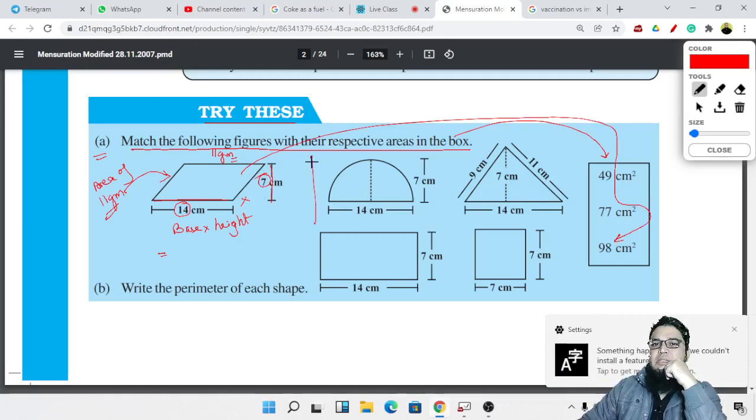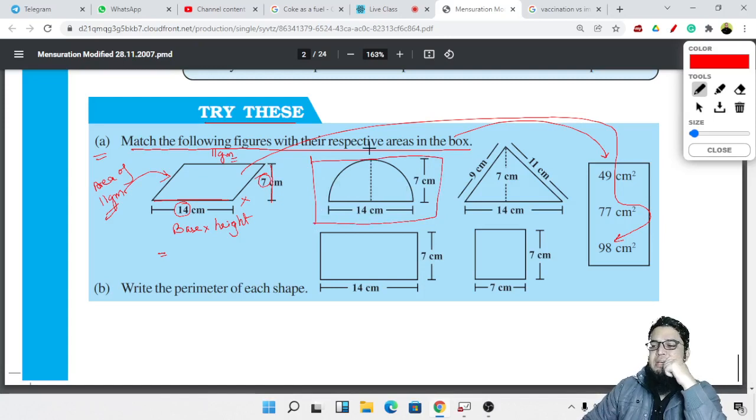Now what about this? What will be the area of this? What figure is this? First tell me. Semicircle. So just tell me, what is this 14 centimeter?